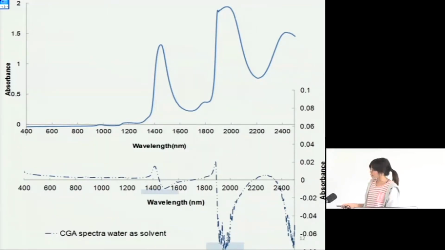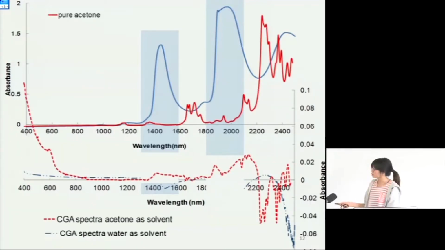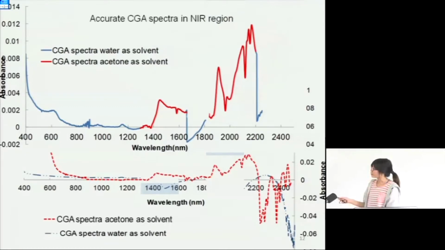We already know that in these two regions, it contains a lot of noise because of the strong water effect. So I removed these two regions and then replaced them using the CJ spectrum I get from using acetone as a solvent. Then I get the accurate CJ spectrum.